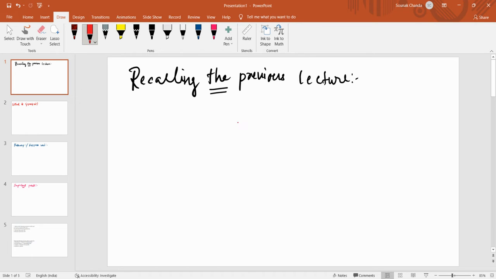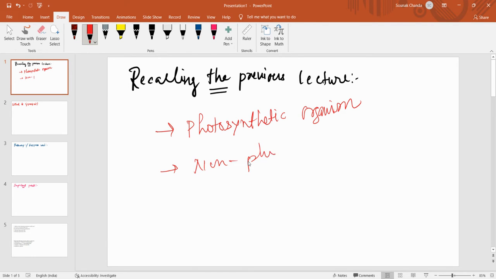We all know that there are two kinds of organisms. Those which are able to form energy on their own are known as photosynthetic organisms, which we have discussed earlier. The others are not able to form ATP on their own, the non-photosynthetic organisms. We learned about them in the previous lecture.